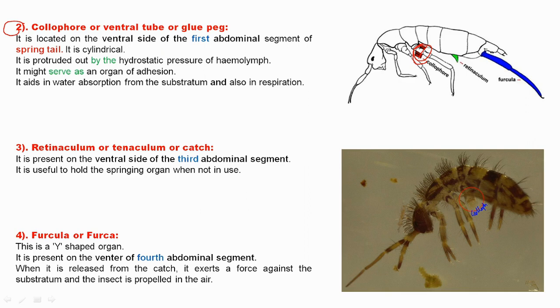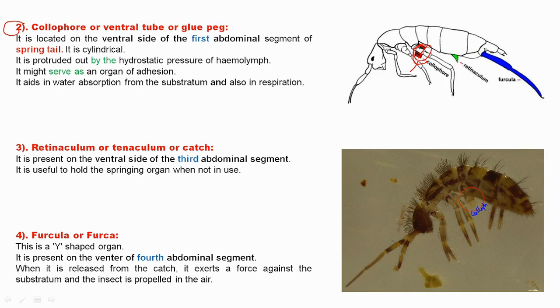It acts as an organ of adhesion, that is, attachment. It also helps in absorption of water from the substratum and also helps in respiration. This is all about the colophore.